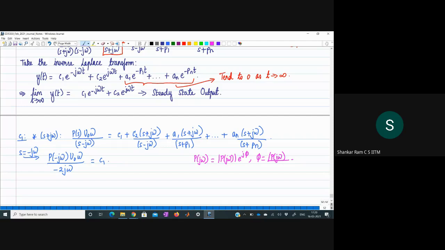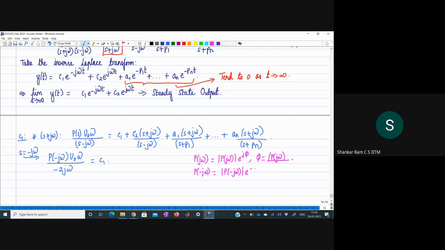We could also write it in this format, with the magnitude multiplying e power j phi, where phi is the phase. Then we can immediately see that P of minus j omega, wherever we had j omega, we just substitute minus j omega. So that will become the magnitude of P of minus j omega and e power minus j phi.